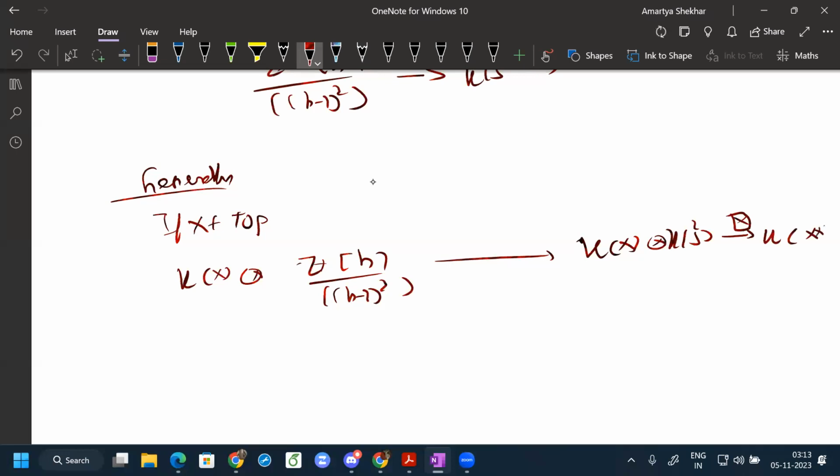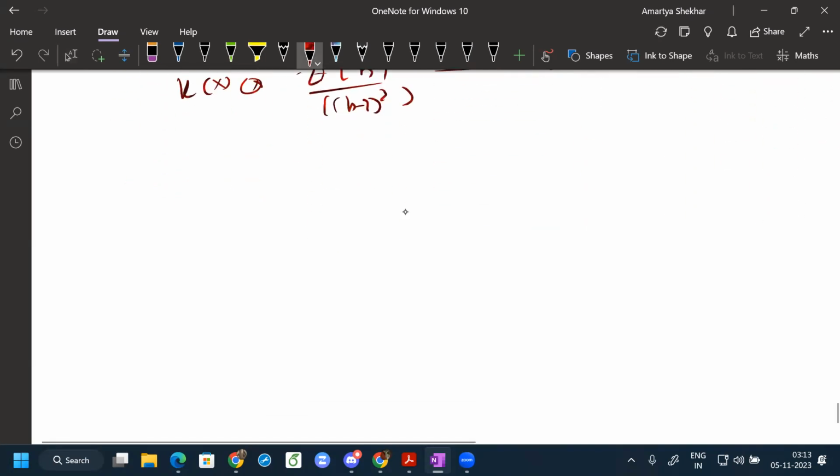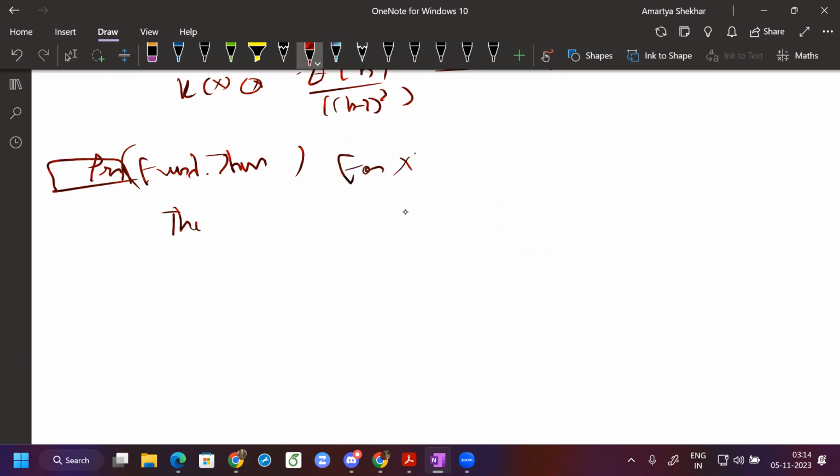So more generally, the fundamental theorem, that is a proposition, just says that for X compact Hausdorff, this is a ring homomorphism.